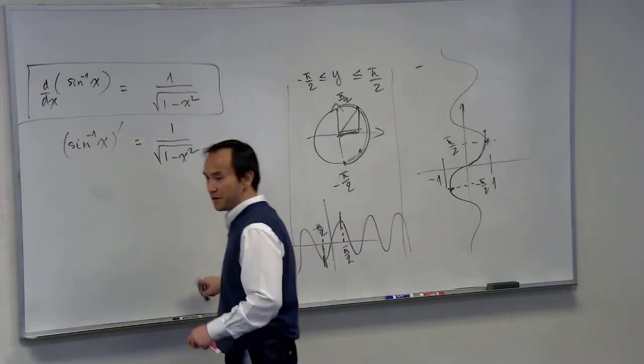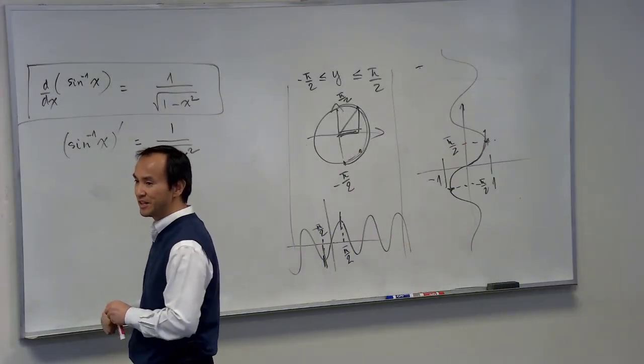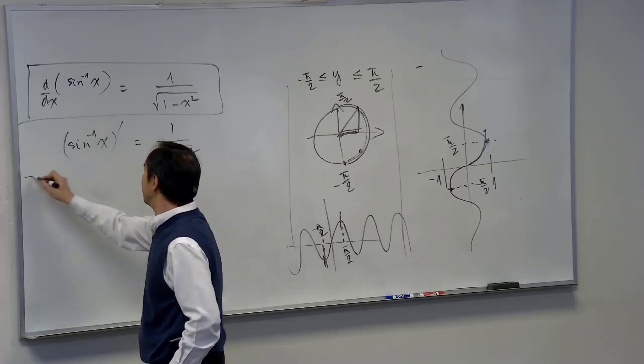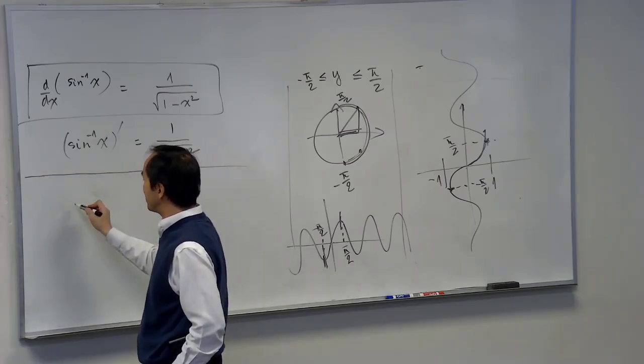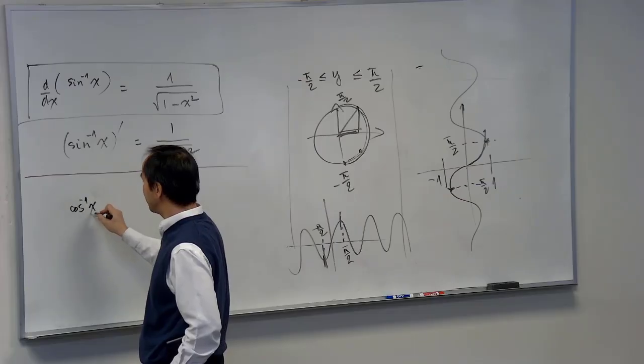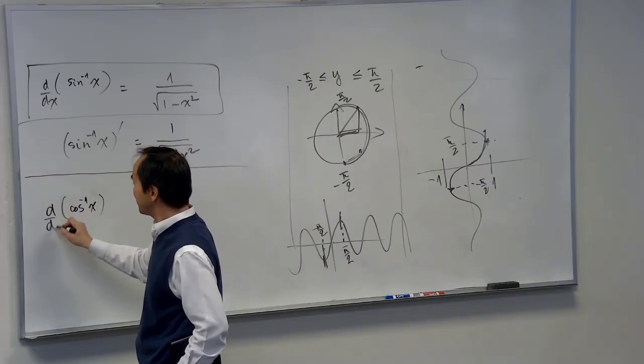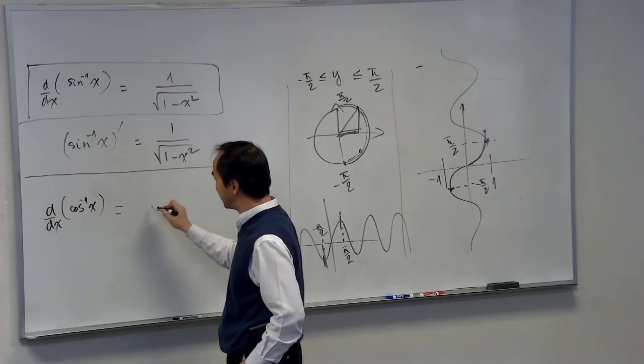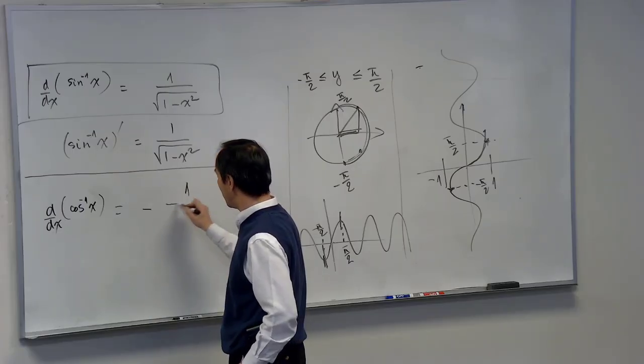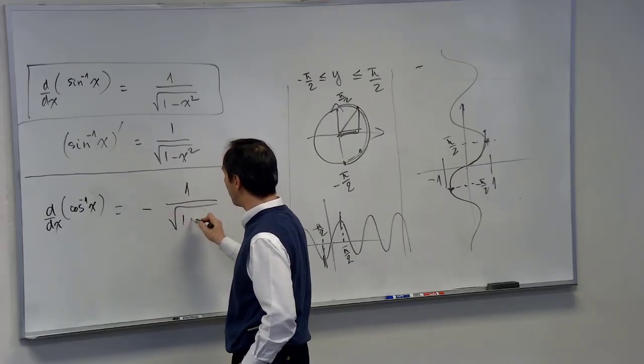So in that way, we can put that here as another formula for us. Okay, so when our function is a cosine inverse of x, differentiating it or taking the derivative of that gives me negative 1 over square root of 1 minus x squared.